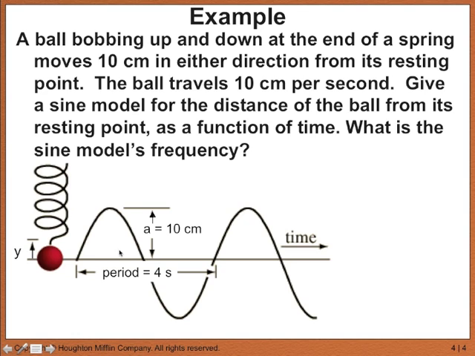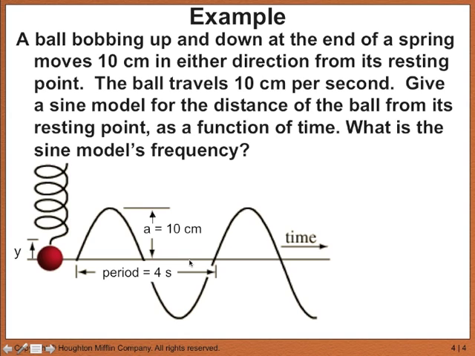If you want to think of it this way, let's think of these as 4 different trips. Follow the mouse arrow: 1, 2, 3, 4. Four different trips. Each of those trips is 10 centimeters. Each of those 10 centimeter chunks takes a second, and 4 times 1 second is 4 seconds. So our period is 4 seconds.